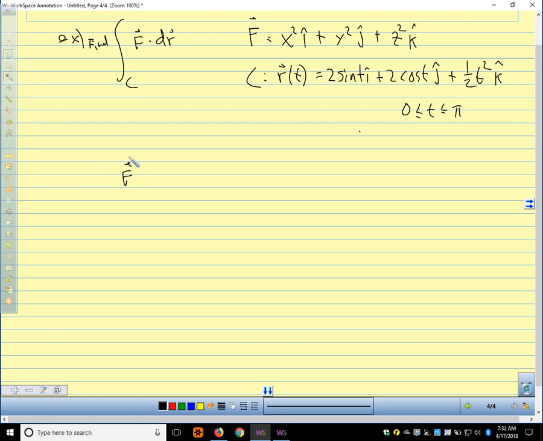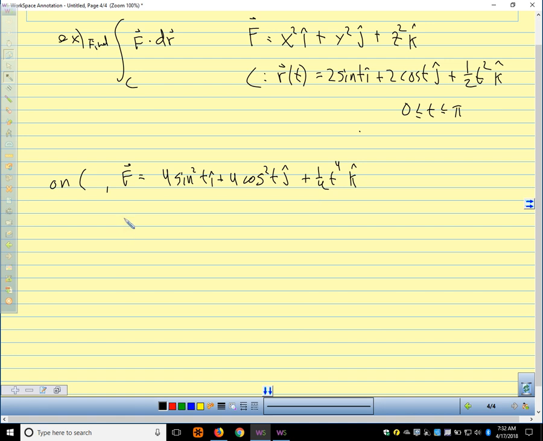So the force on our curve is 4 sine squared t i hat plus 4 cosine squared t j hat plus 1/4 t to the 4th k hat.